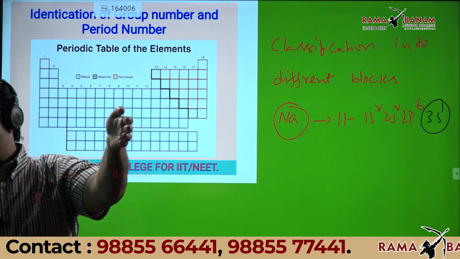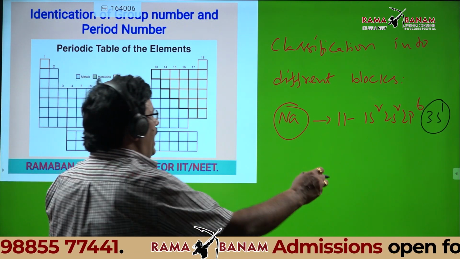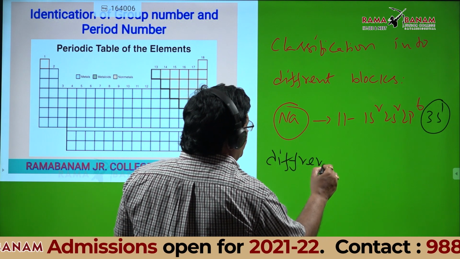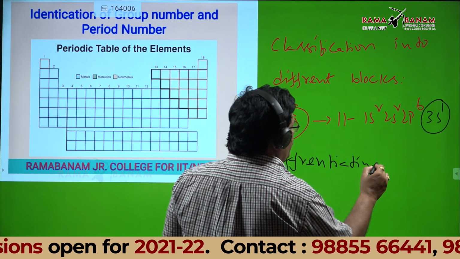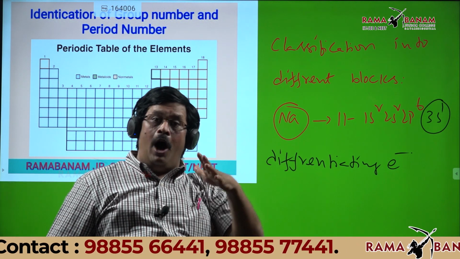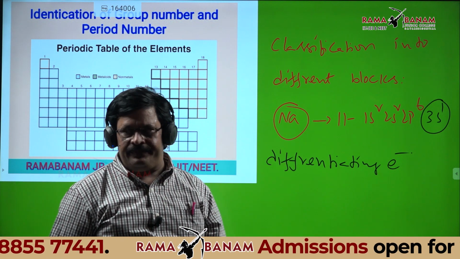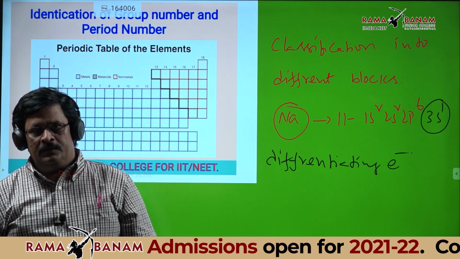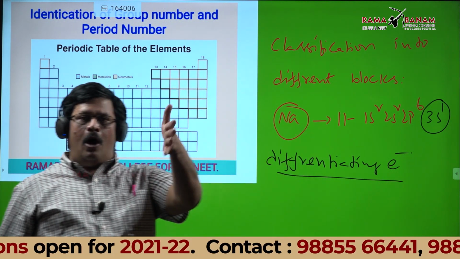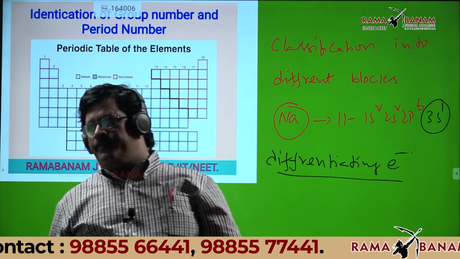That is also called the differentiating electron, because the previous element of sodium is neon. Neon and sodium differ in that electron only. So, based on the differentiating electron, elements are divided into 4 blocks.